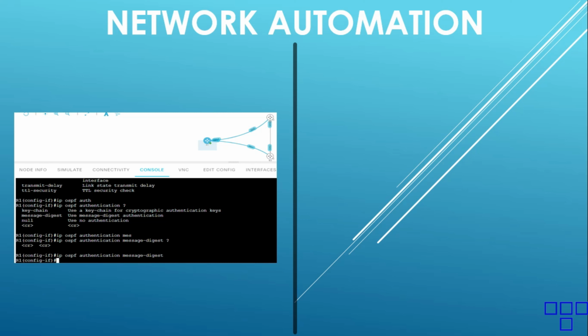Of course, with the traditional methods, one device at a time, it's not easy to apply global configuration quickly because it's time consuming. The configuration is not standardized. There's little version control as far as the configuration is concerned, and the chances of human error are high.